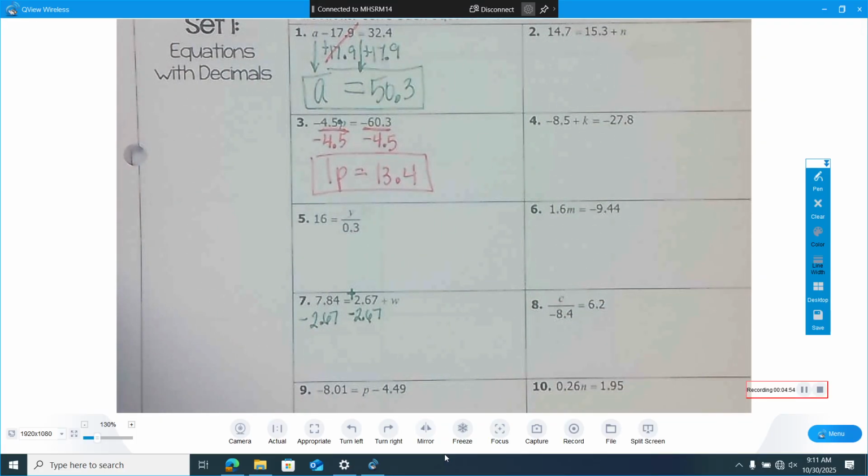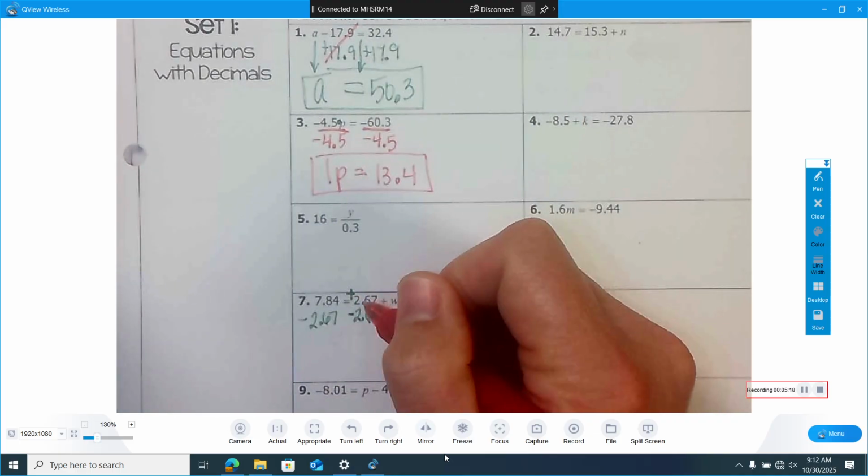Because whatever we do to one side, we have to do to the other. Why? So it's even, because when we're solving equations, it's really balancing equations. It's a balance, like a teeter-totter. Remember we talked about that yesterday. So in order to keep things balanced, you gotta do both sides. Okay. All right.